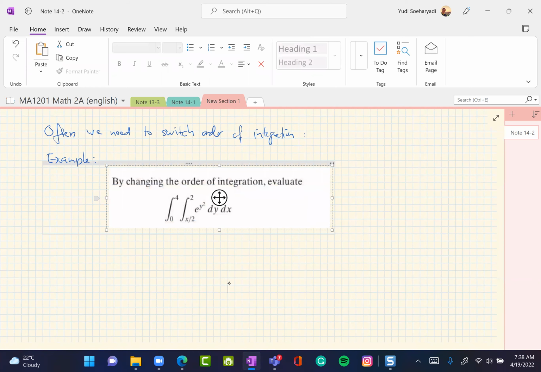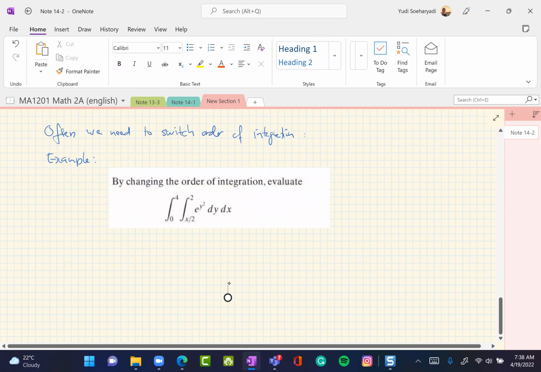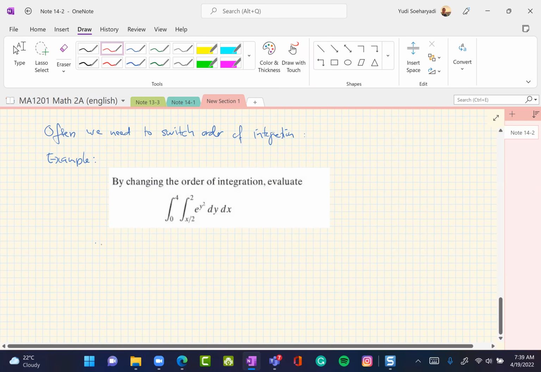So what's wrong with this integral, the order? You see that? I put a note in red. Red notice, this one.